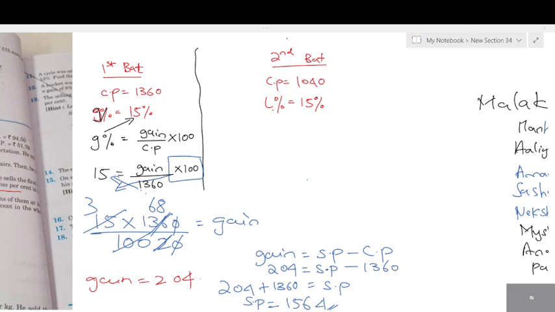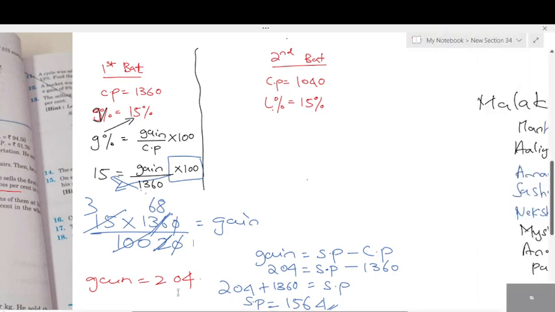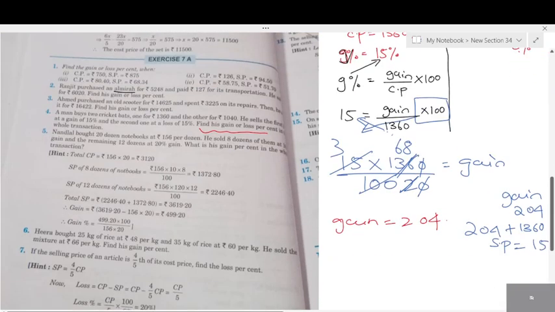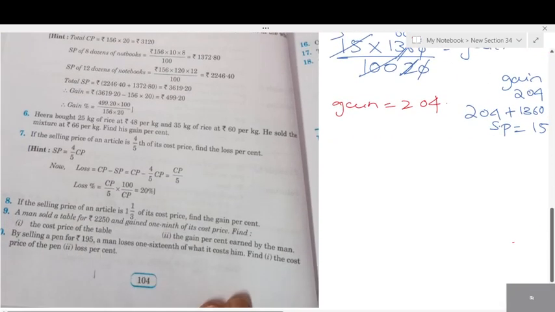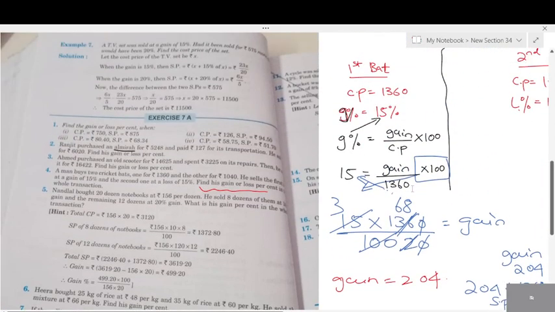Today it's Tuesday, right? Okay. I think how many exercises are there in this chapter? I mean, this exercise you have 10 questions, right? What about the next exercise? How many questions are there? 7B students.